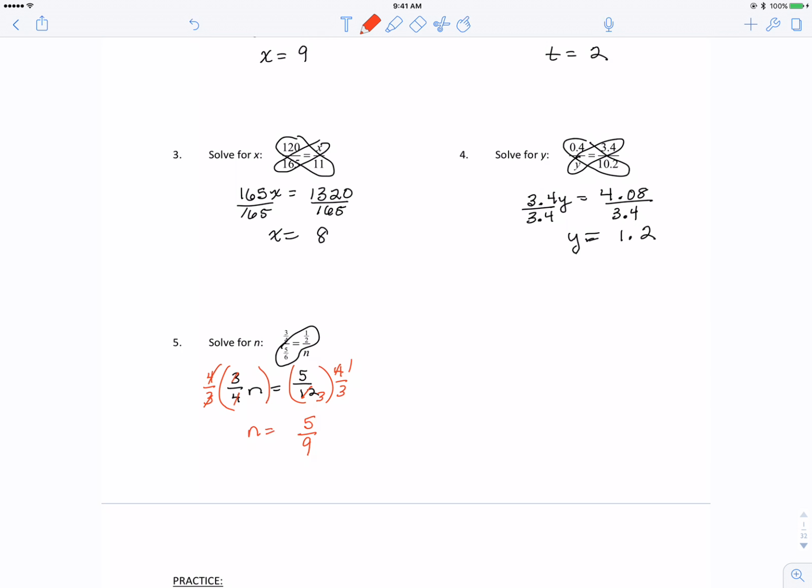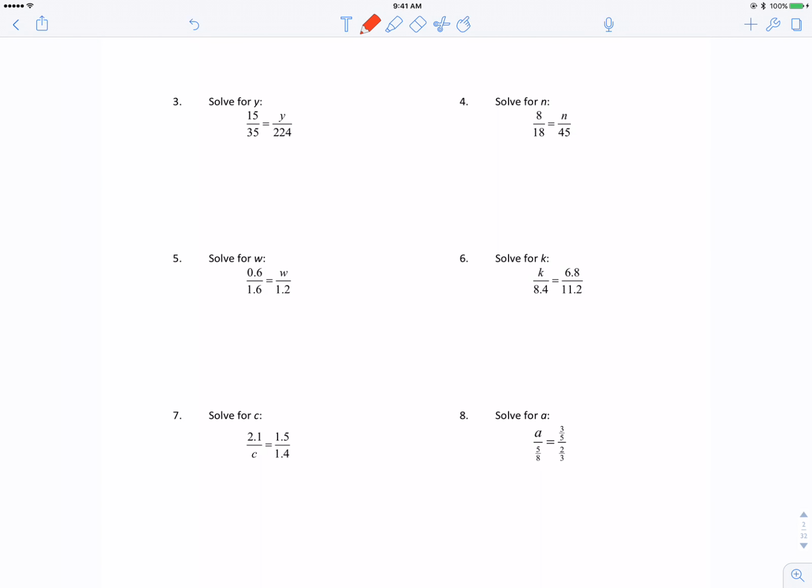Okay, the first task you're going to do right now is turn to the second page and complete the 8 problems here without any assistance from me. And then when you're done, I want you to check with your elbow partner and see if you agree or if you disagree. If you disagree, then you want to compare your work and then look with a person next to you to kind of be the mediator and decide who's right, who's not, or if you're both wrong, to guide you.